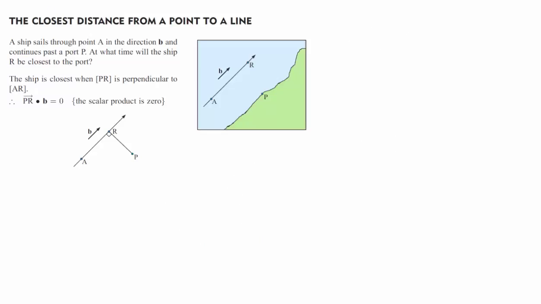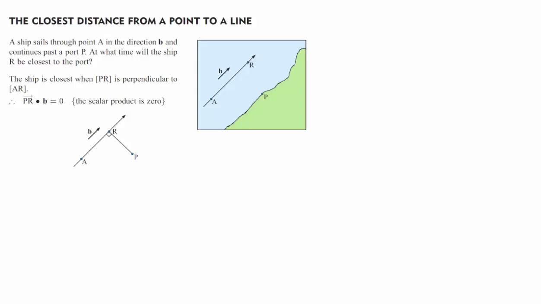Another type of problem we're going to look at is distance closest to a specific point. So if we look at this little diagram over here, we have a ship that's sailing from our initial point A with a constant velocity in the direction of r, and it's saying when is the ship closest to the point P? Well, the time that it's closest to the point P is when there's a perpendicular.